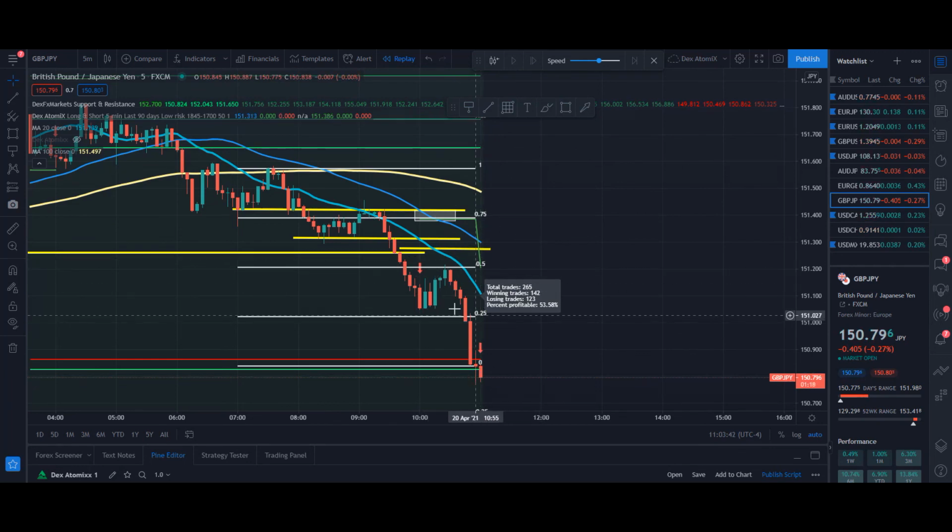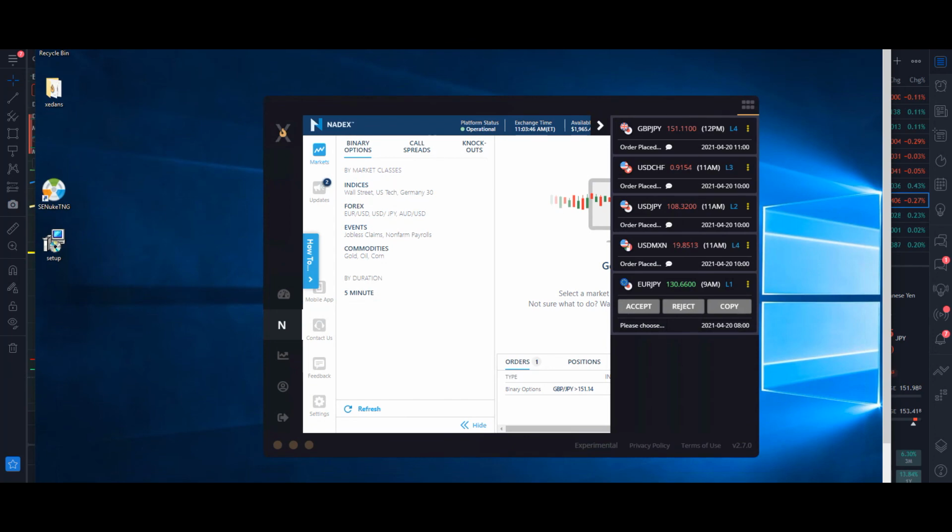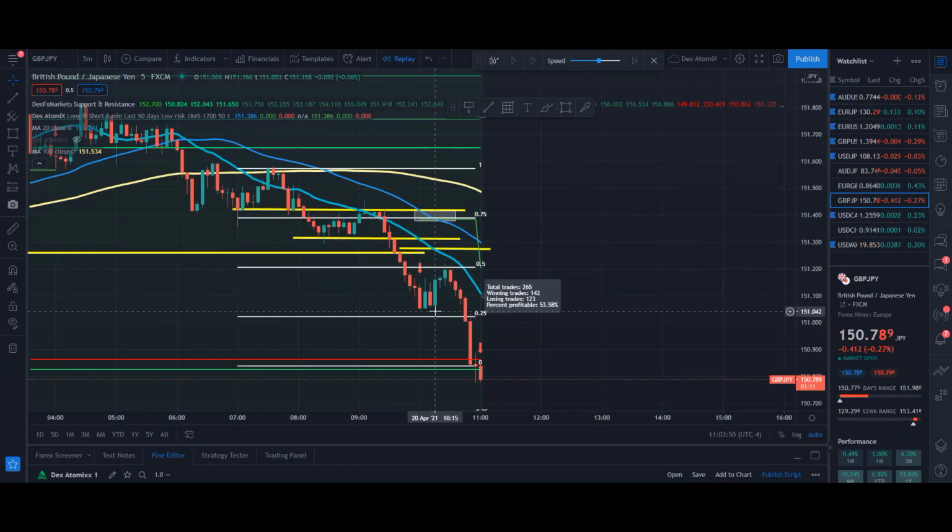Great Britain pound JPY. Which level did I get that at? 151.14. It's way, okay, right there. Again, there's not a lot of information to the left.